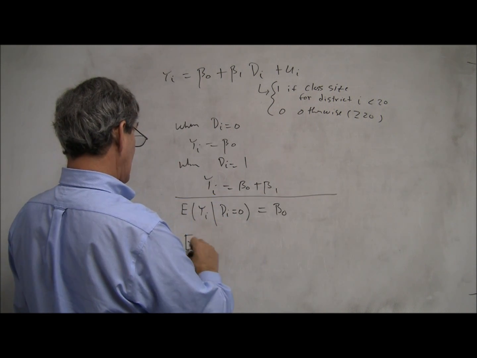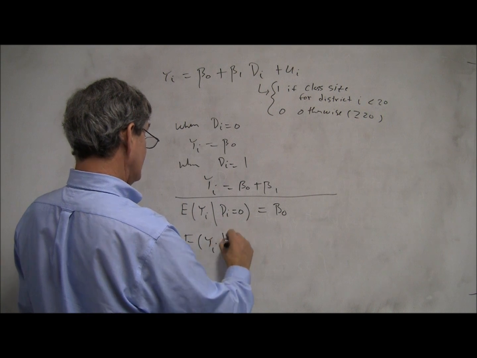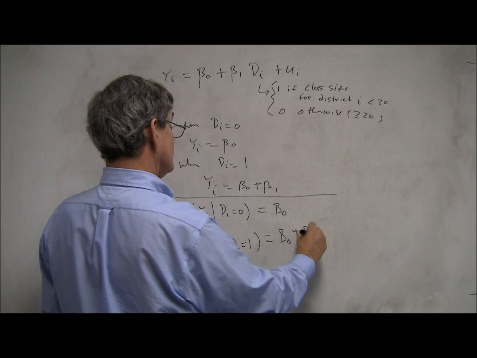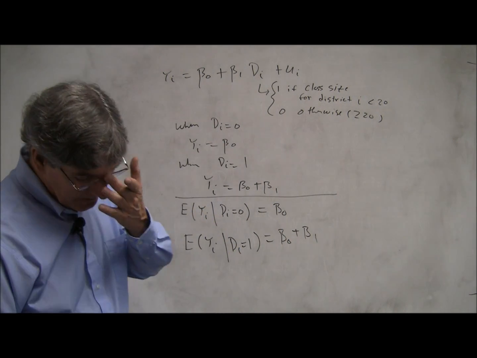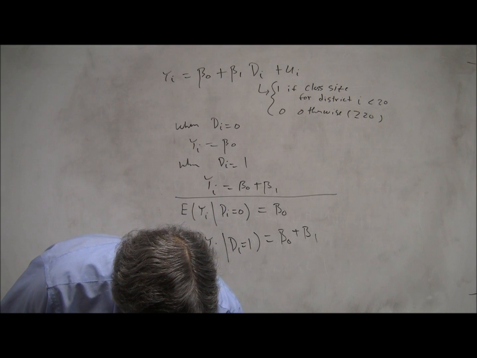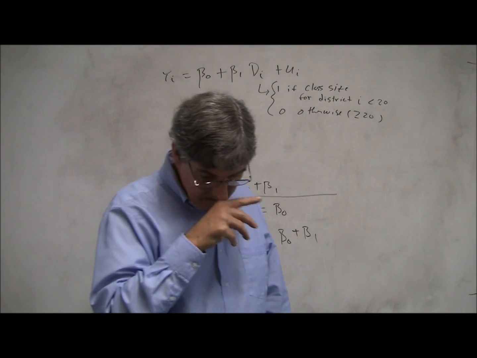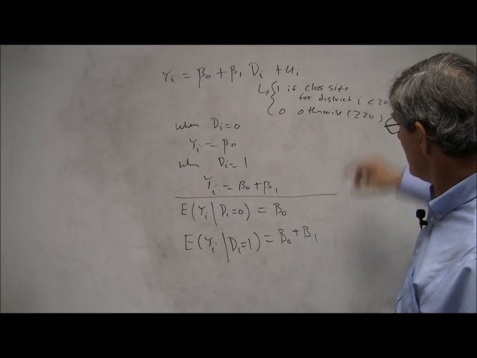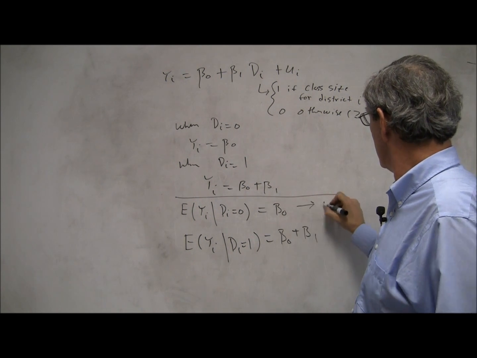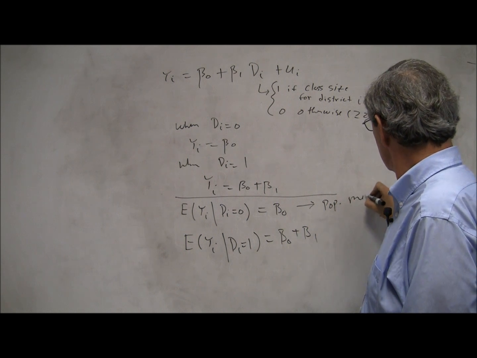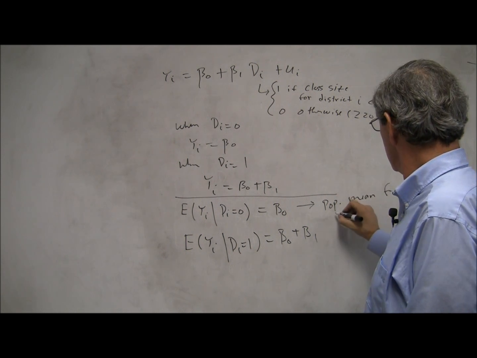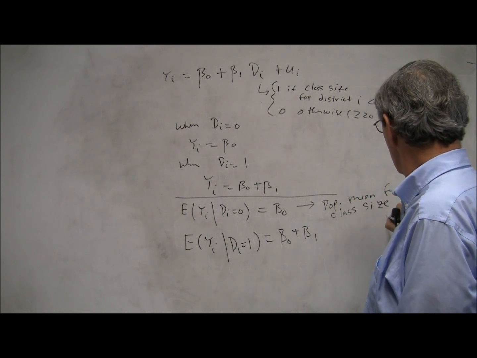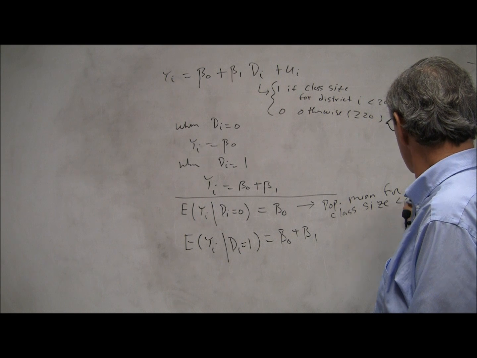And the expected value of Y_i given D_i equals 1 is beta 0 plus beta 1. So this is the population mean for a class size less than 20. That's the expected test score when the class size is less than 20.